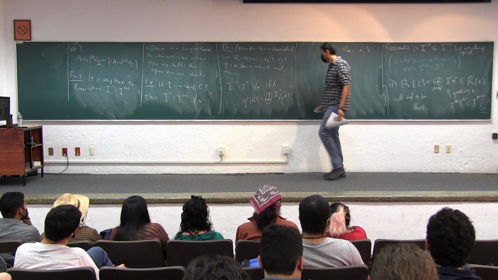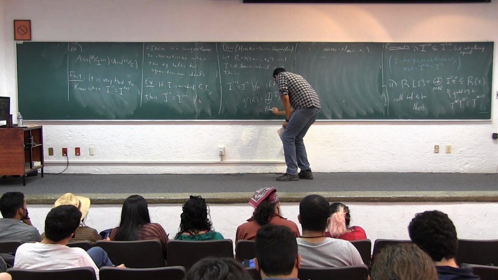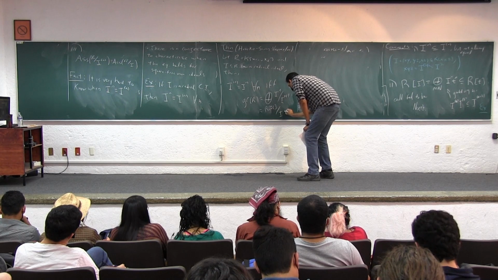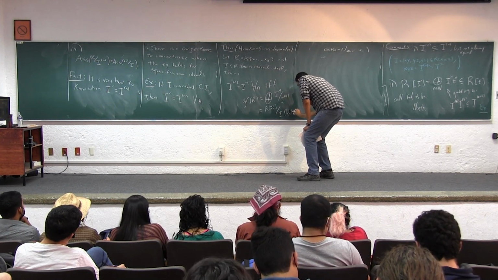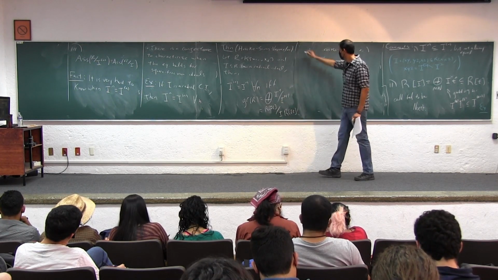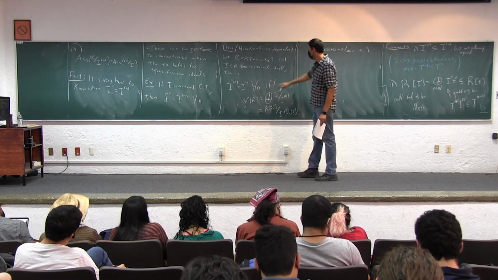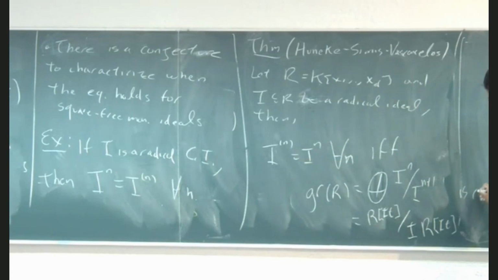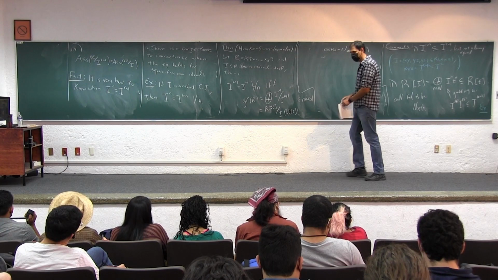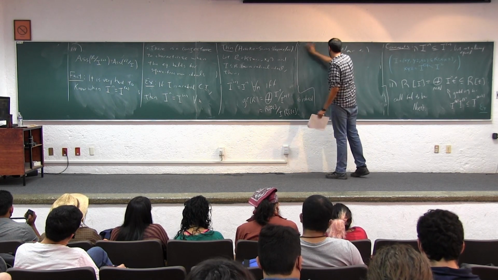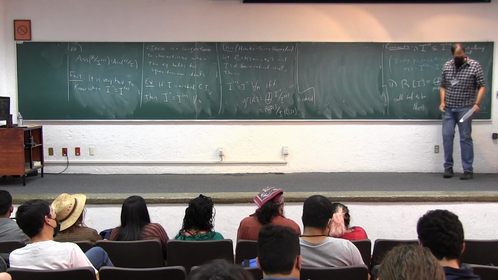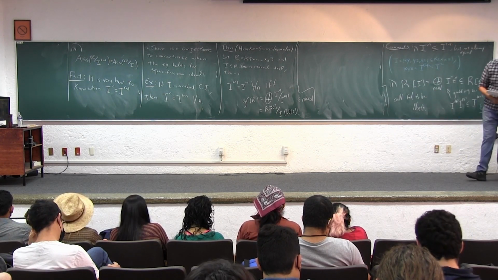So you do that, then this is the same as the Rees algebra over the extension of I in the Rees algebra. So the theorem is this happens if and only if this ring is reduced. Again, this theorem is more general, but for our purposes.